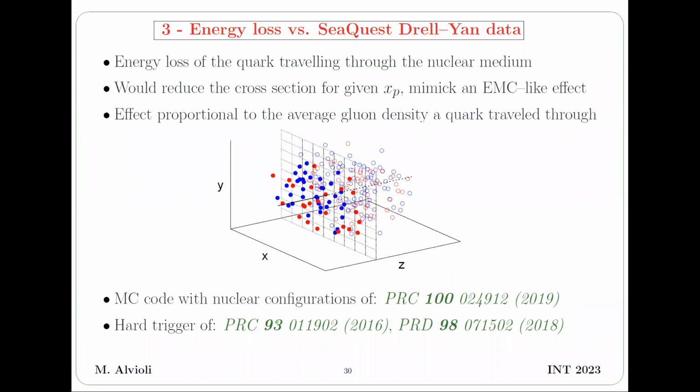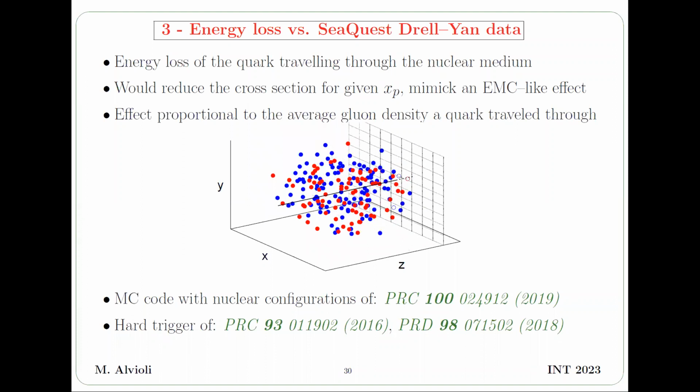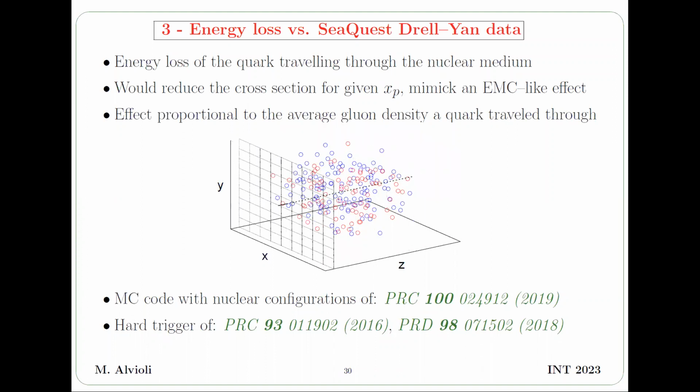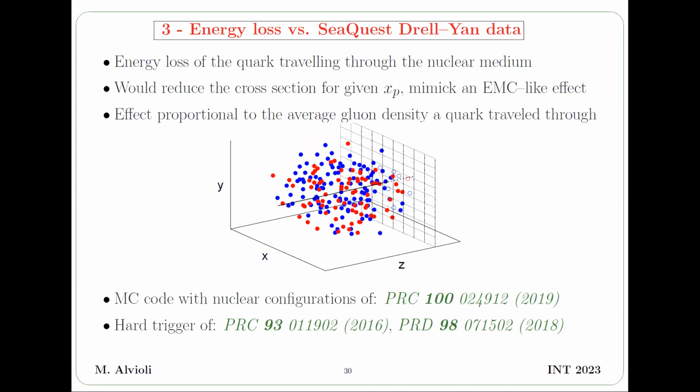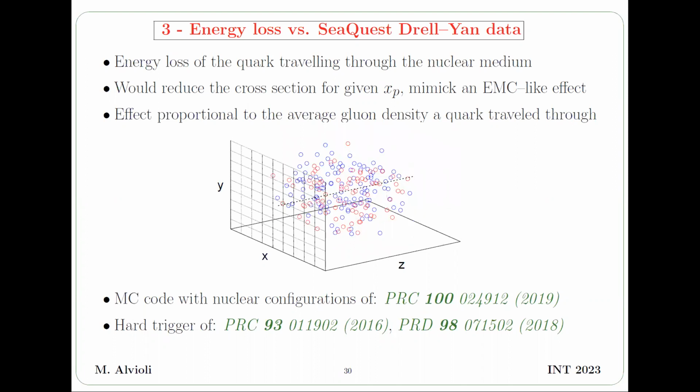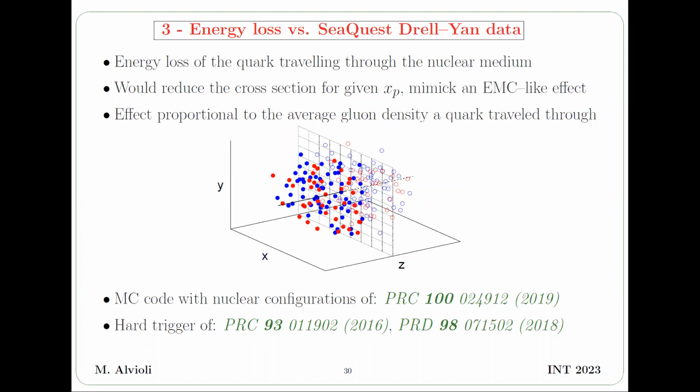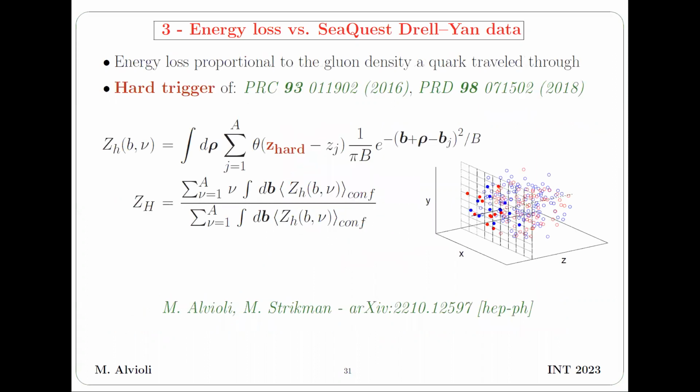We simulate a hard interaction point at different longitudinal positions along the path of the projectile. And we know that the energy loss effect is proportional to the average gluon density traveled by the quark experiencing the hard interaction.